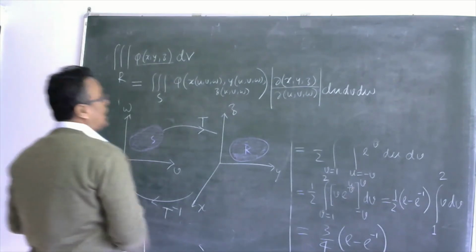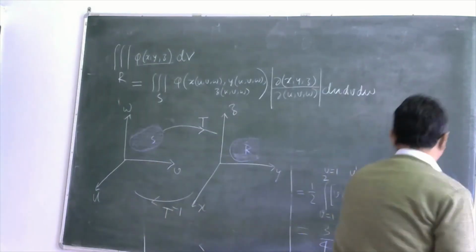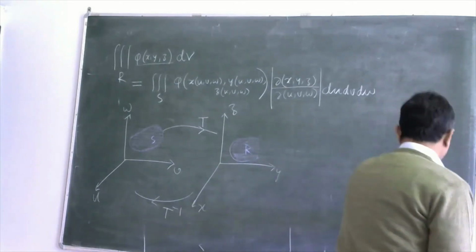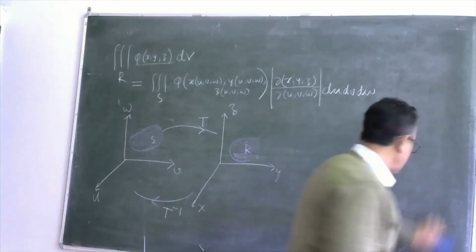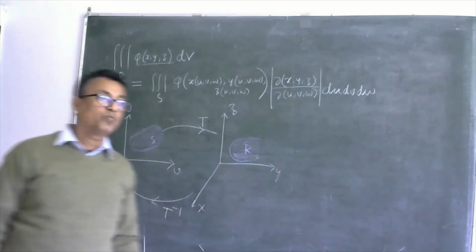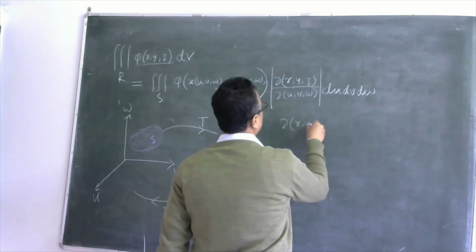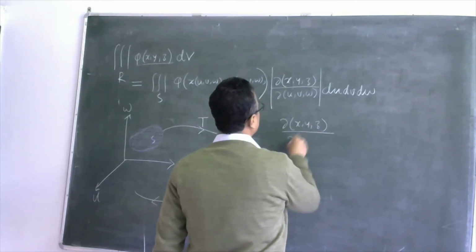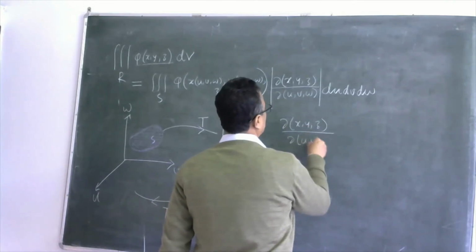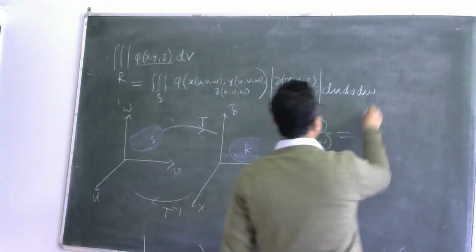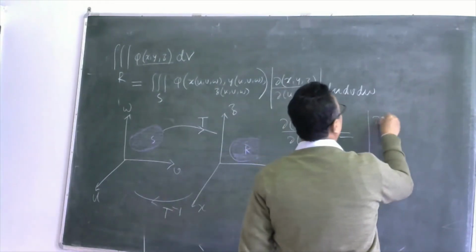Likewise, the way we defined the Jacobian for a function of two variables, so the Jacobian for a function of three variables is simply going to be this one. It's pretty straightforward.